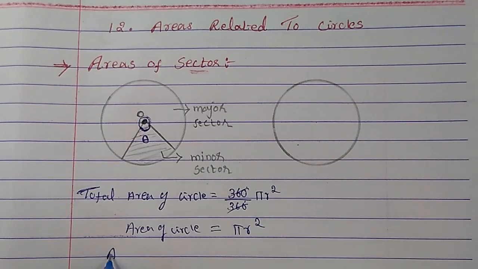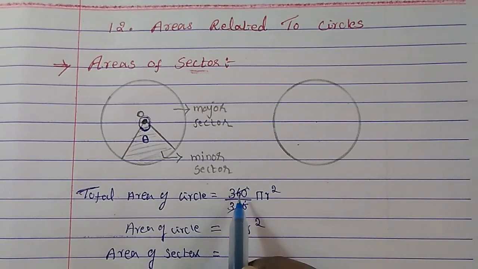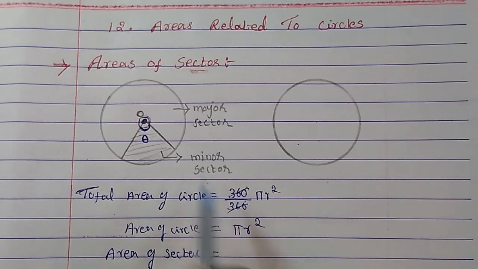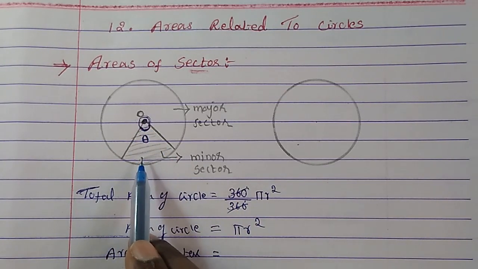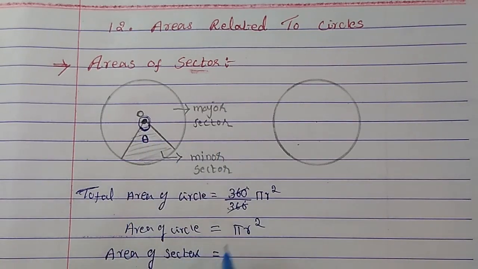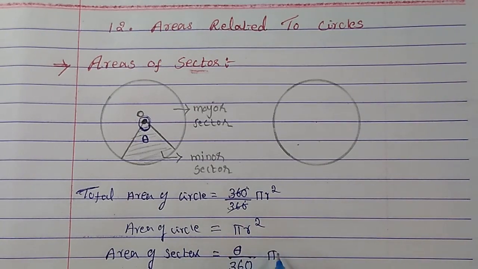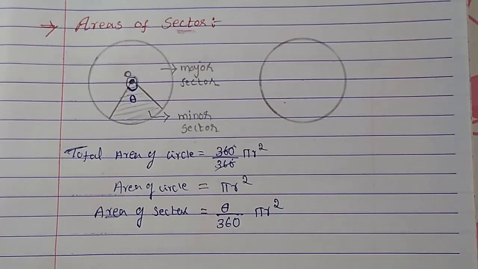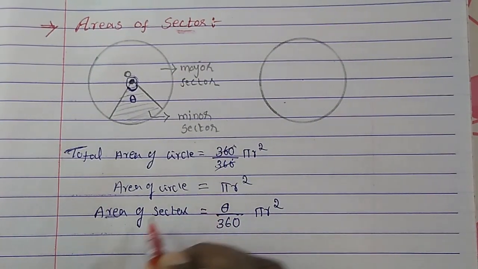So area of sector is, here total area of the circle is 360 upon 360 pi r square, but we want only this piece, the area of the sector. So this can be some degree. So let's take theta, I mean to say it can be anything. Okay, theta upon total 360 degree and pi r square, because area it is, no? So area of sector is theta upon 360 pi r square. So this is the formula for area of the sector.